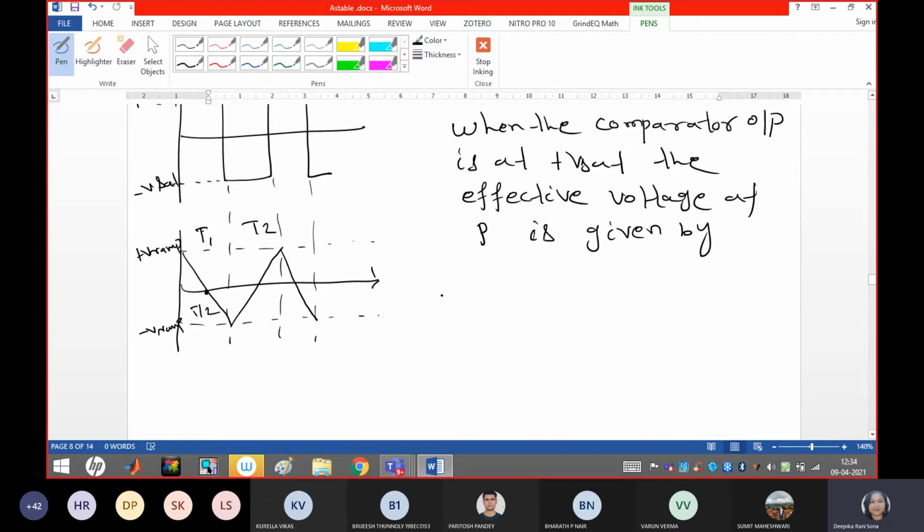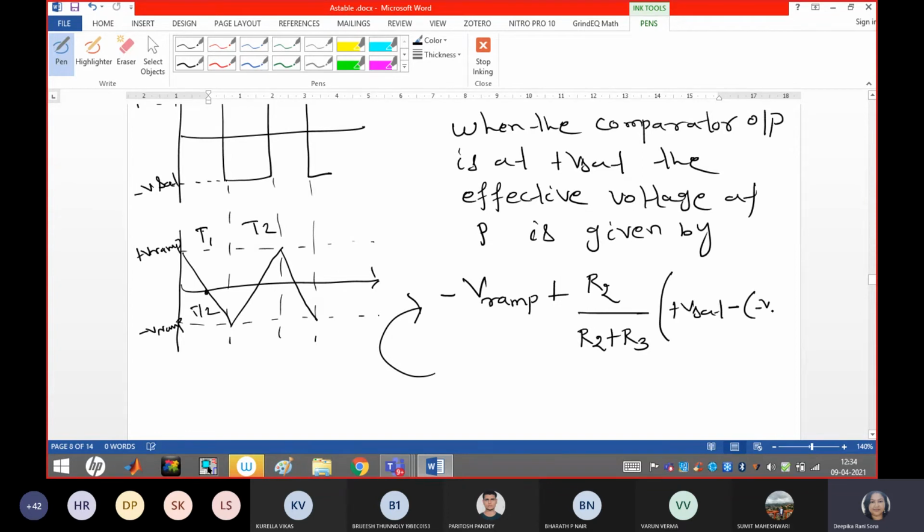So the voltage at point P can be written as minus of V ramp voltage plus the addition of that V set and V ramp voltage along with the potential divider concept. So this can be nothing but R2 divided by R2 plus R3, because I have taken in a negative direction, guys. I have taken the flow in this way. That's why R2 whole divided by R2 plus R3. Then now this equation is nothing but plus V set minus of minus V ramp.